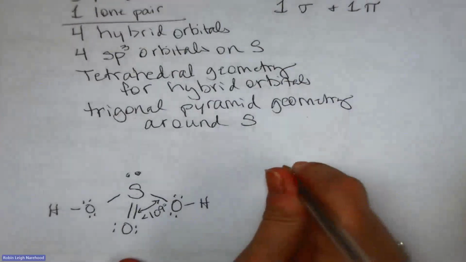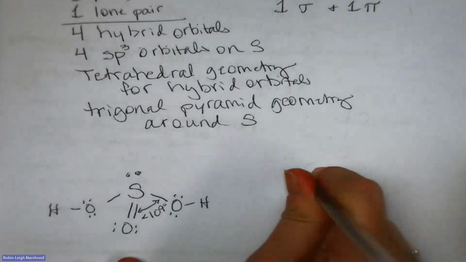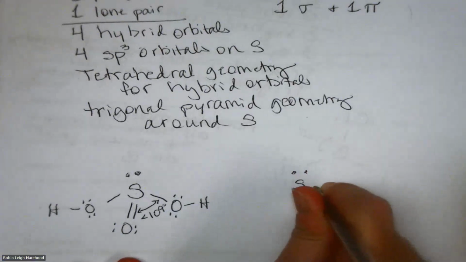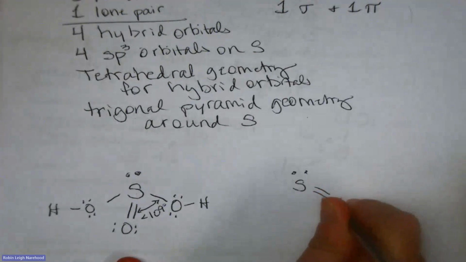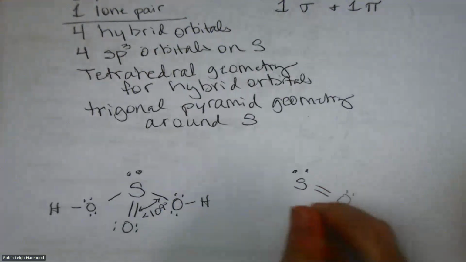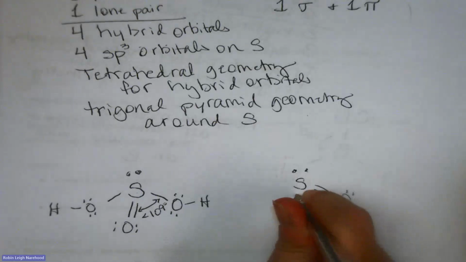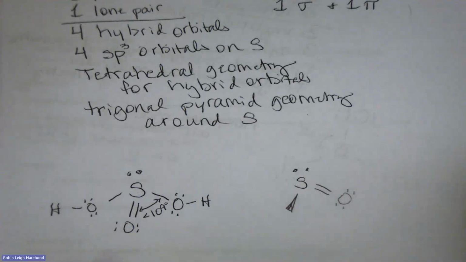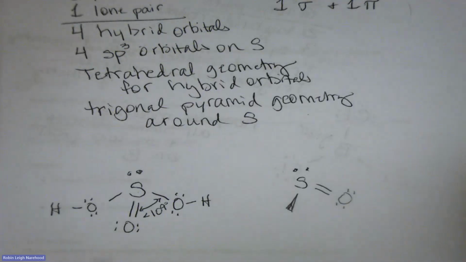If you drew it using the wedge to show what's coming towards you, I'm going to choose to do the double bond in the same plane of the paper to make it easy for myself. Then the one in what looks like the middle, you do it kind of bold, illustrating that it's coming out of the paper.